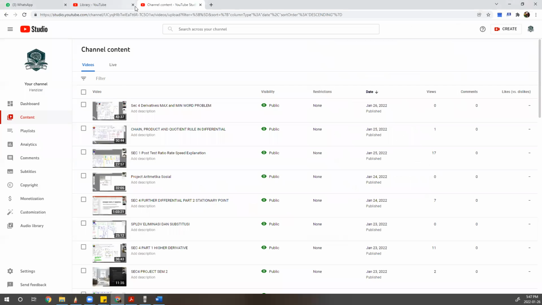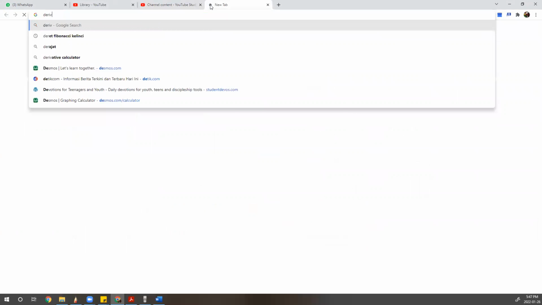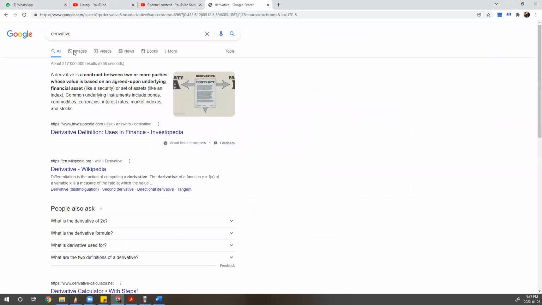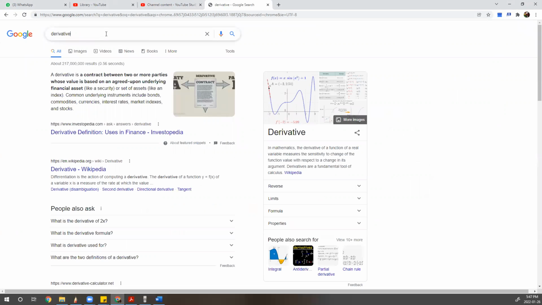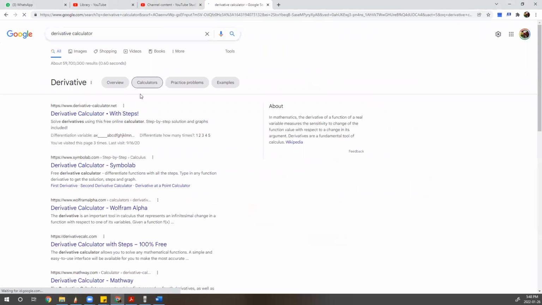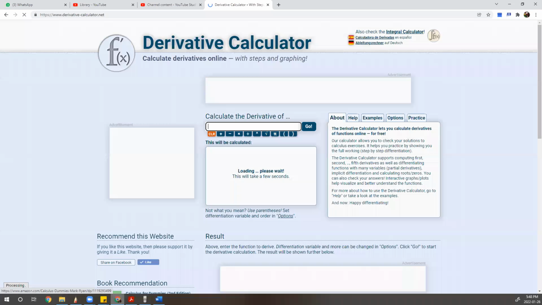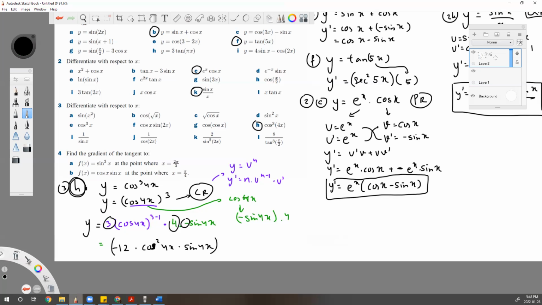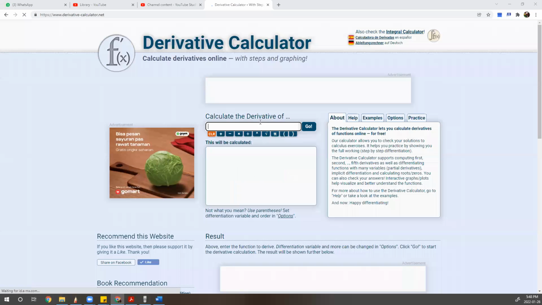If you are confused with this kind of question, let's prove it using the derivative calculator. This is a powerful tool. Okay, let's see. Cos cube 4x, cos 4x cubed, right?